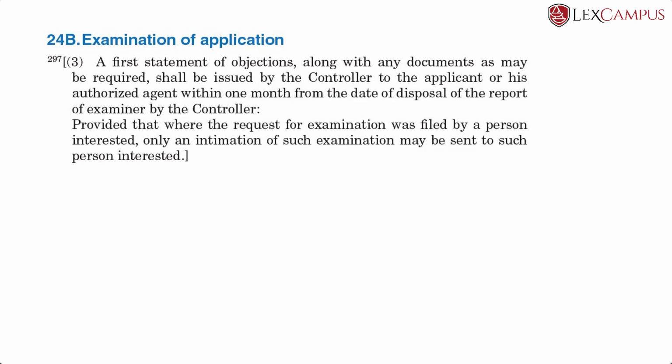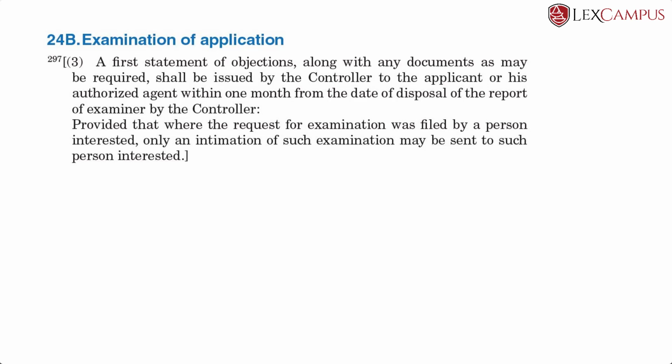We had already pointed out that a person interested could be a person who has a competitive interest or an affirming interest or an interest in the patent itself, either as a person who acquires an interest later on. When he makes a request for examination, only an intimation of such examination is sent to the person interested. The first statement of objection is not sent to the person interested, only an intimation is sent.